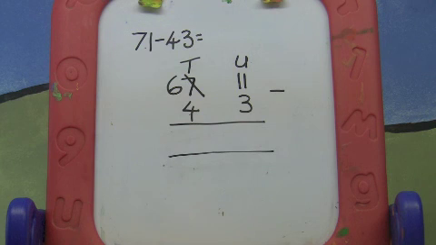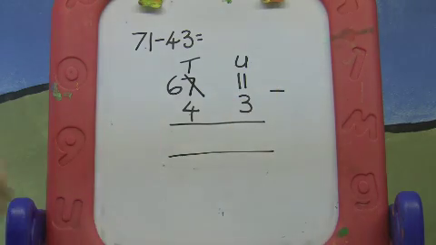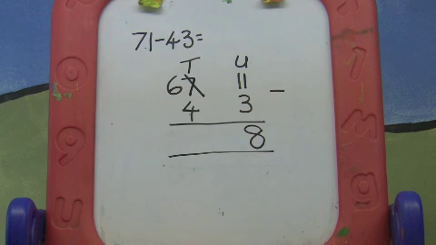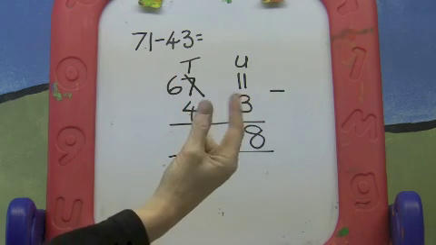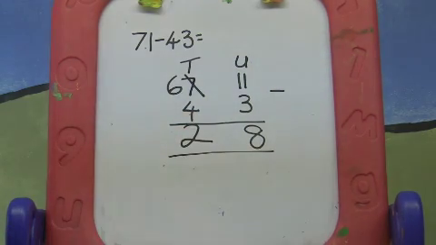Now I can say 11 take away 3. 11 in my head, 10, 9, 8. The answer's 8. Over to the tens. 6 take away 4 is 2. And the answer is 28.